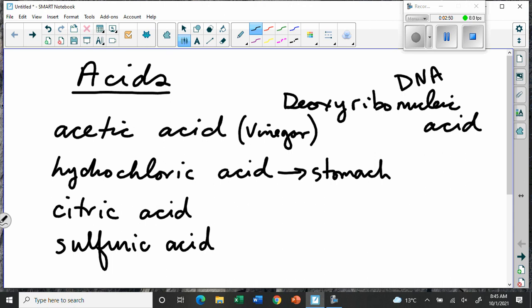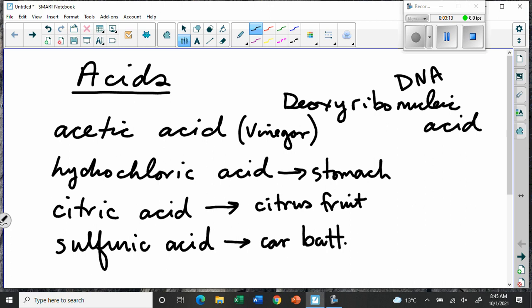And citric acid, of course, is the acid that we find in citrus fruit. And of course, it's got that sharp, tangy taste. Sulfuric acid is more of an industrial acid, but you know where you find it? You'll find it in car batteries. Battery acids. And then, of course, DNA is our genes.